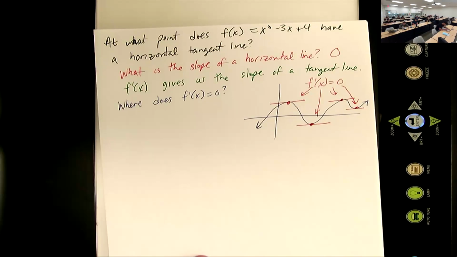And you see why that would be useful? You're trying to graph a function. You can find the points where the function changes direction, stops going up and starts going down. That's why this becomes so important. That's pretty cool.